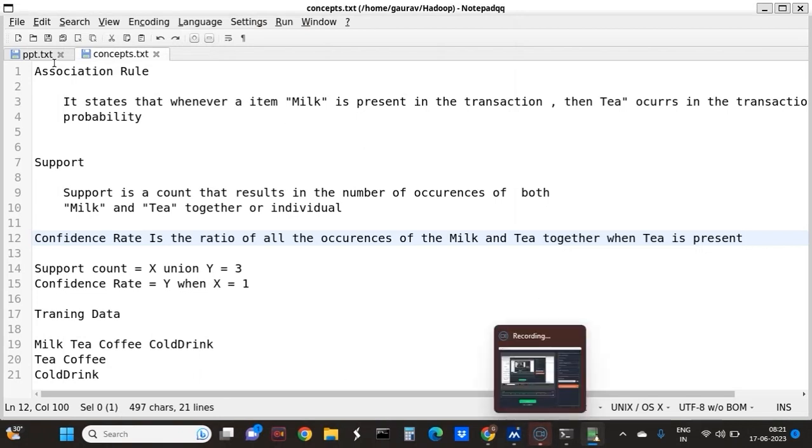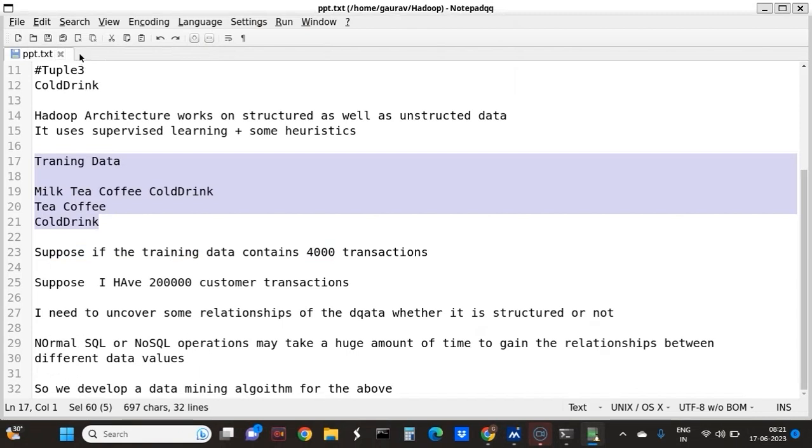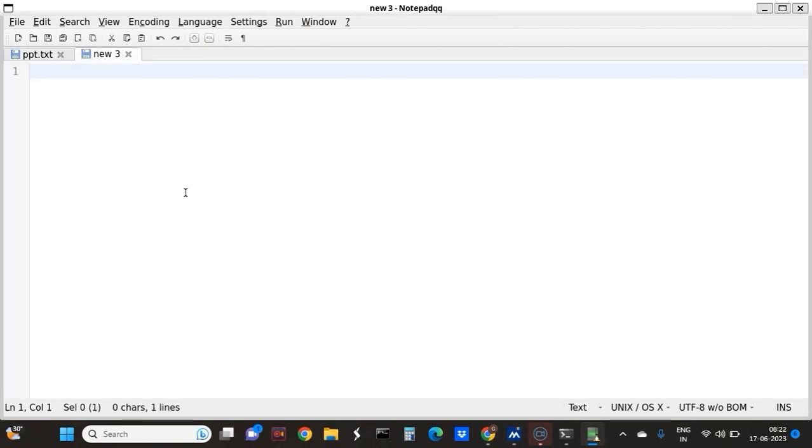So now we will come to the Hadoop components. Hadoop has a lot of components. The first component is HDFS. In HDFS, a file system is distributed over various nodes.